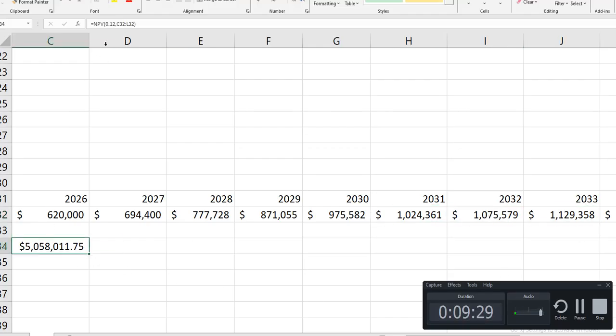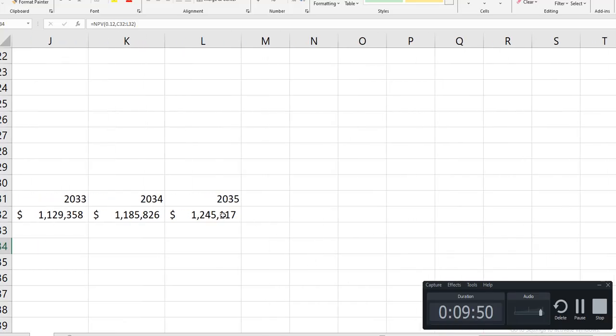We take our net present value, put in our interest rate, our required rate, cost of capital, whatever you want to refer to it as, 12%. And then we can highlight all of the cells at once, everything from C32 all the way up to L32.